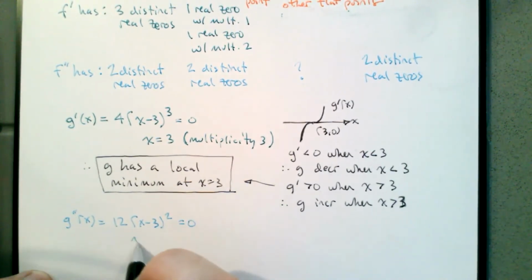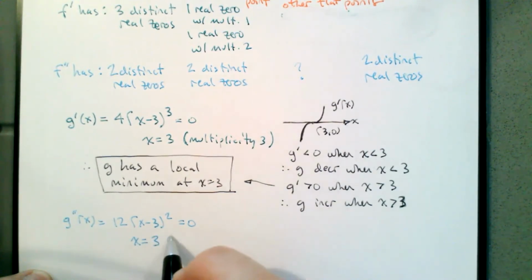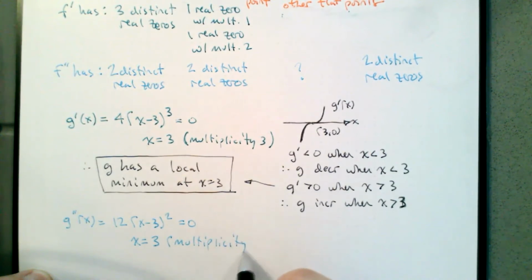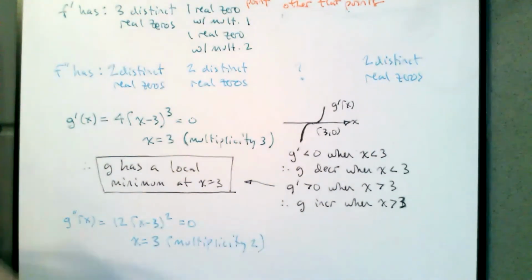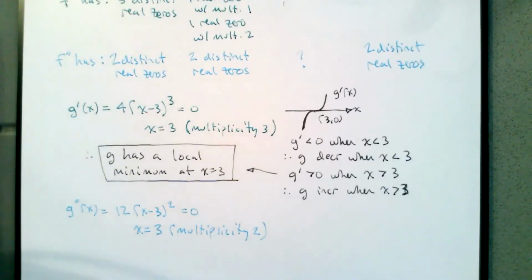So here we get 1 solution and it has multiplicity 2, because that solution came from a squared factor. So here we see that g is not changing concavity because g double prime does not change sign.